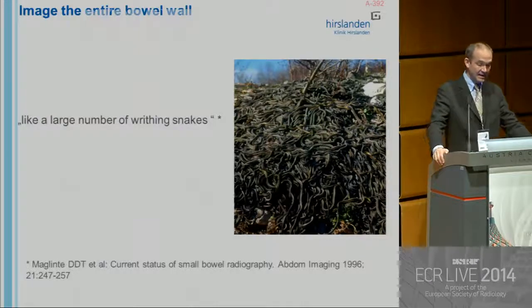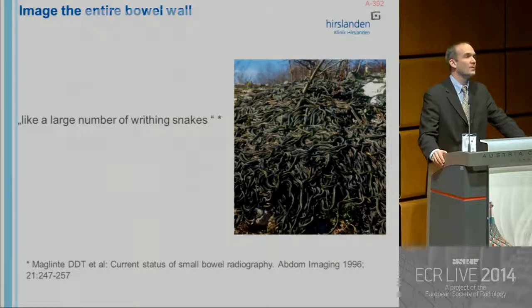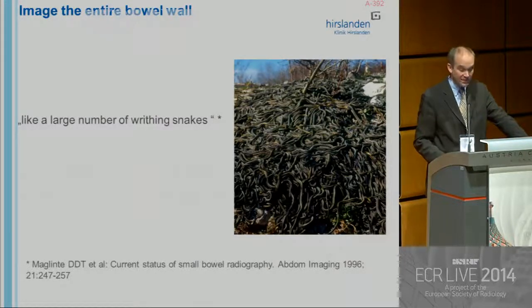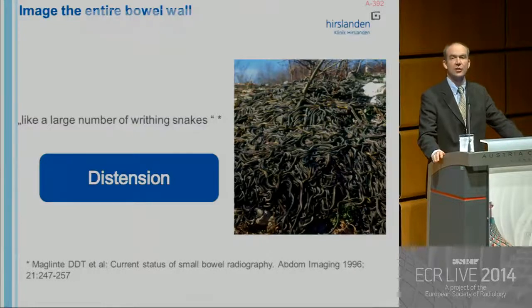Imaging small bowel is like looking in a reptile tank with a large number of writhing snakes. So to separate one small bowel section from the other, it's really important to have distension. So you really should look that the small bowel is not collapsed.